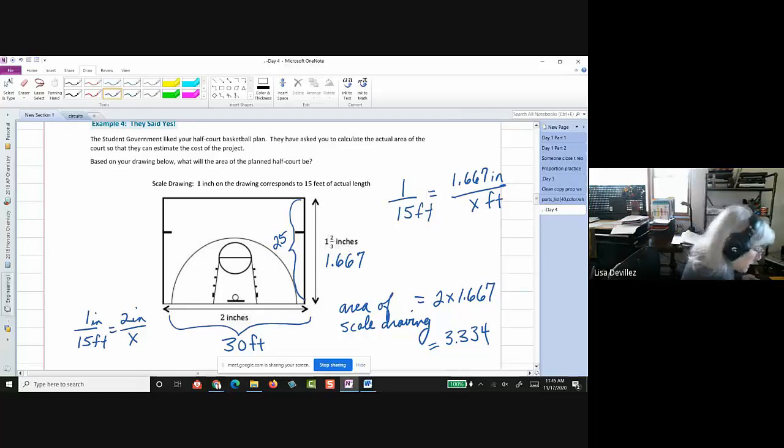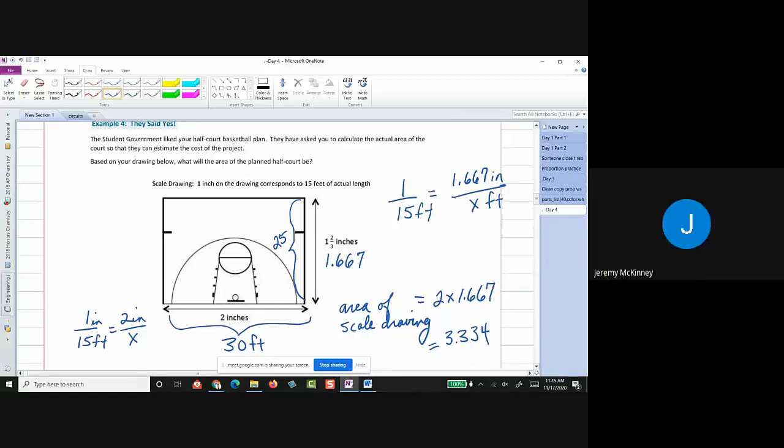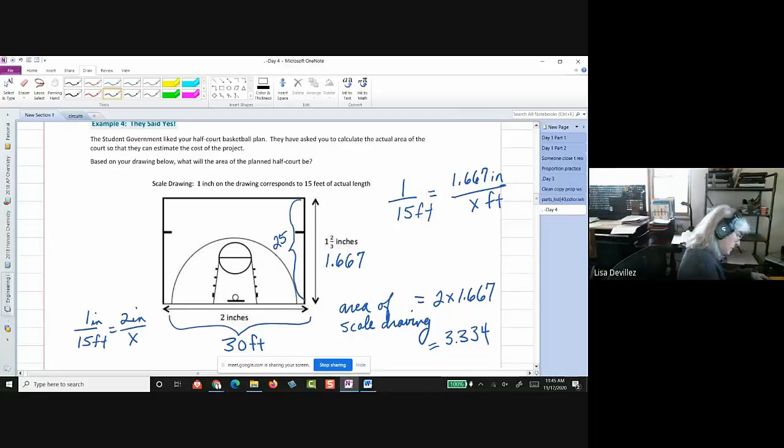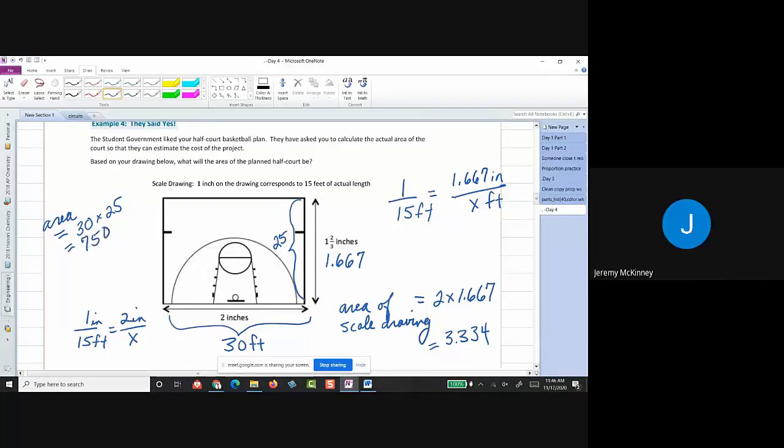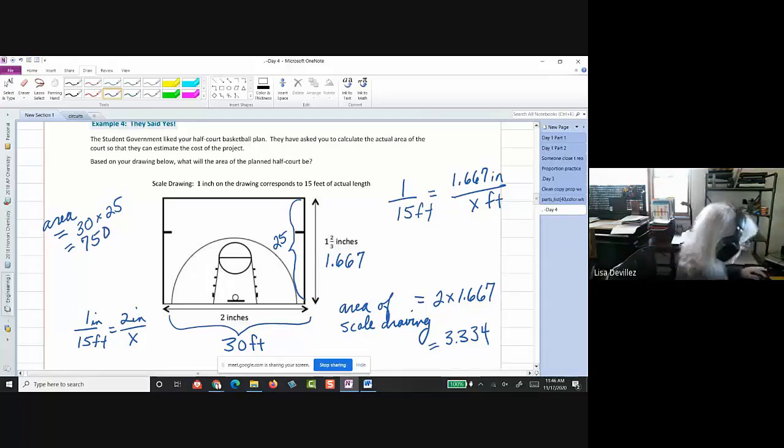Okay. All right, so if I were to do that multiplication, I know my area is going to equal 30 feet times 25 feet. So if I convert each side to feet to find out what the actual feet are, then I can get it that way.